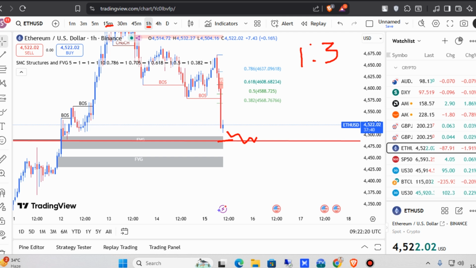Why? Because if you do not put your SL, and you think that somehow market will go in your favor, then maybe it can work one time or two times, but eventually it will cost you your whole account.